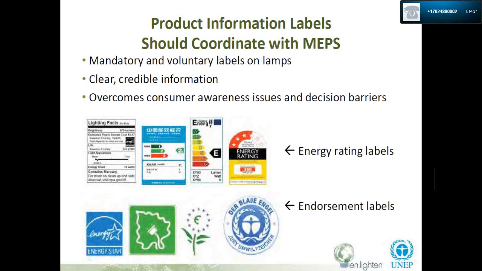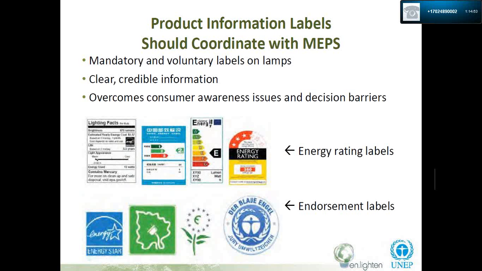An energy rating label really focuses on the energy efficiency: the amount of watts that go in to operate the lamp, and the amount of light that comes out to give you lighting service. Another type of label is an endorsement label. This doesn't give you a lot of facts and figures or any scales.